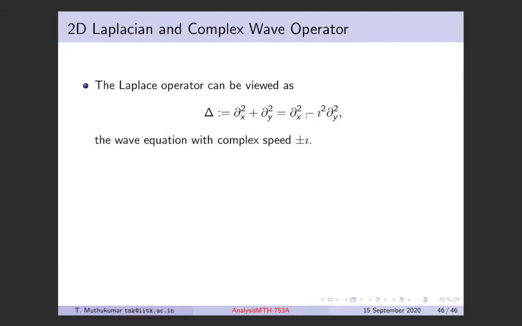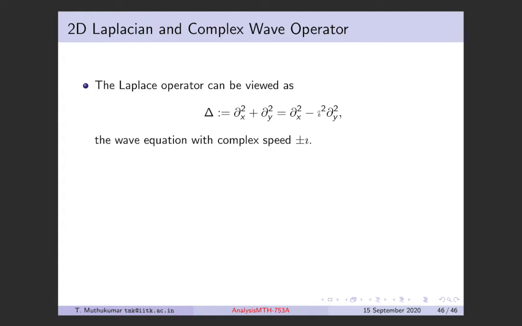That's the kind of one space dimension wave equation that you must have seen, where c usually denotes the wave speed, the speed with which the wave is propagated. After you introduce the complex number i, you see there are so many advantages. We have already seen many advantages of introducing this complex number i. The other advantage is precisely this one, that you can think of the Laplace operator as a complex wave equation.